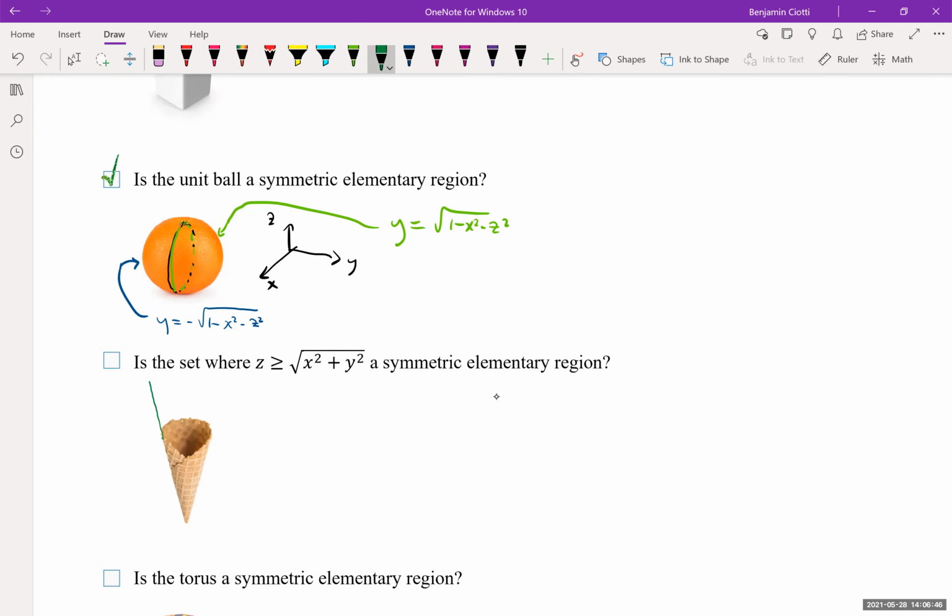What would be the function on the top? There's no roof to this thing. There's a lower function given by the surface of the cone, sure, but there's no upper function. So it's like z is greater than something, but it's not less than anything. So yeah, no, it's unbounded. There's no roof to this shape, let's say.